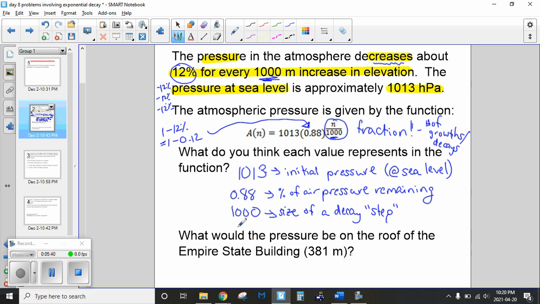N is going to be the elevation. So I was giving examples of 1,000, 2,000, 3,000 for the elevation. And together, those give us the number of the growths and decays. In this case, decays.